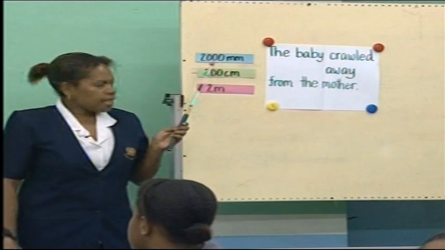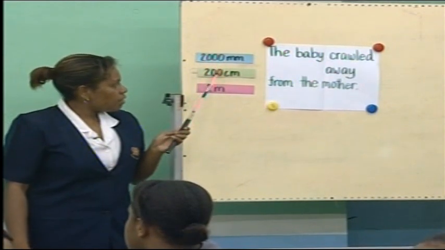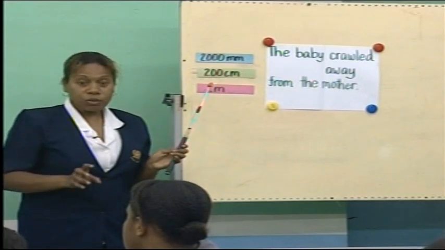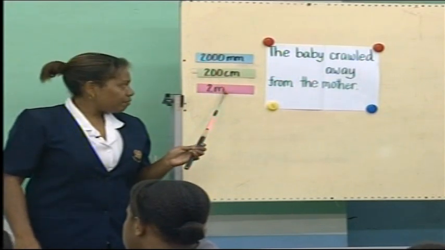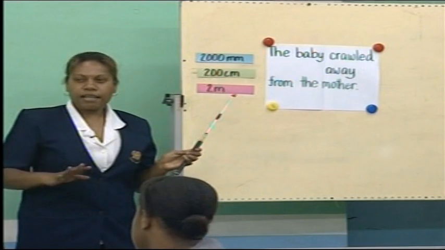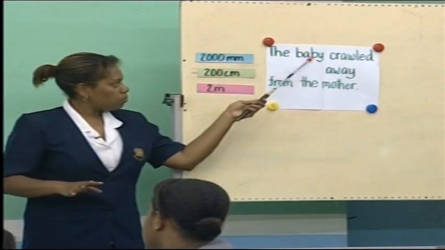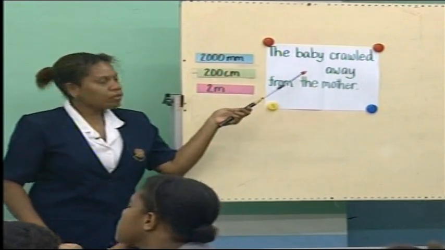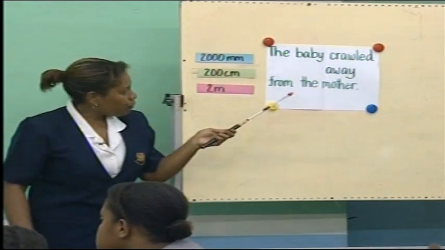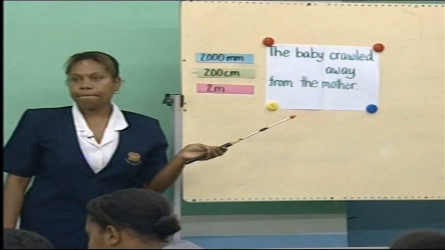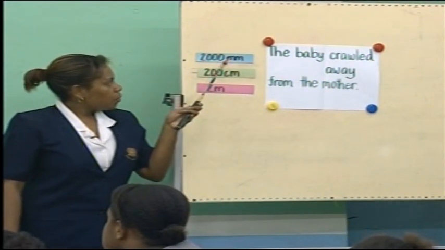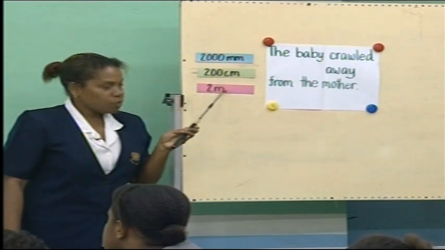Yes. Okay. All right, these are all correct, but the appropriate unit to use is meters. It sounds okay, when you want to put it in a sentence, it's convenient. The baby crawled 2 meters away from the mother. This is also equivalent to this. 2,000 millimeters is equivalent to 2 meters.